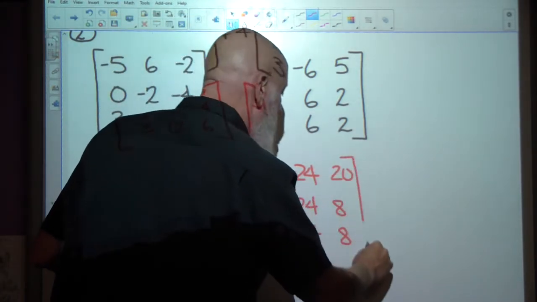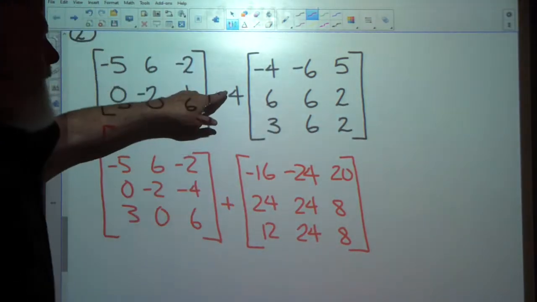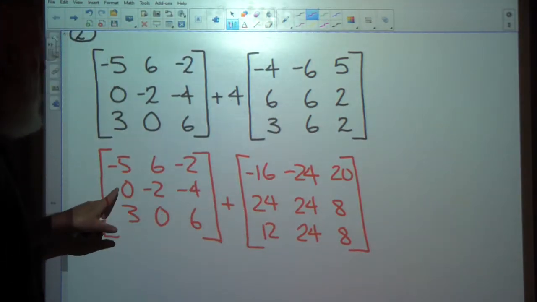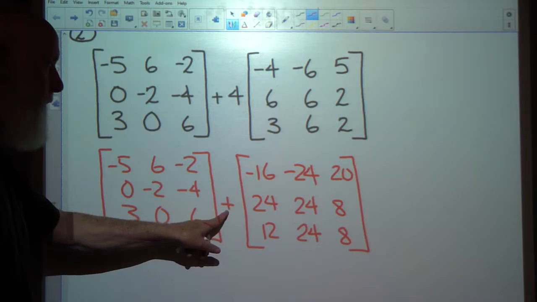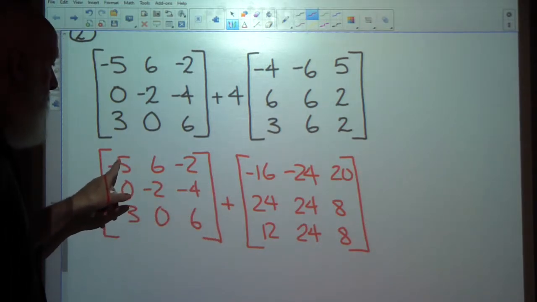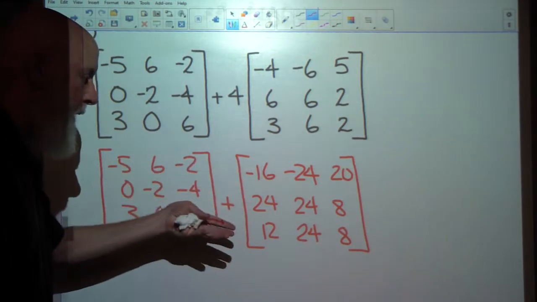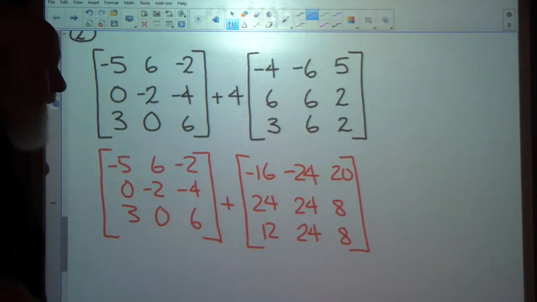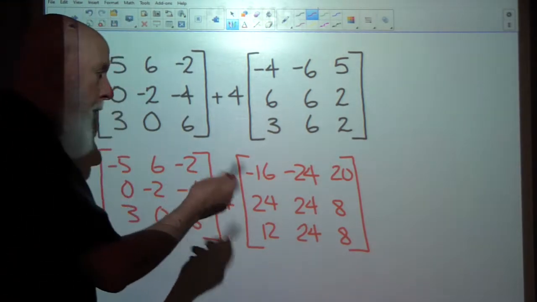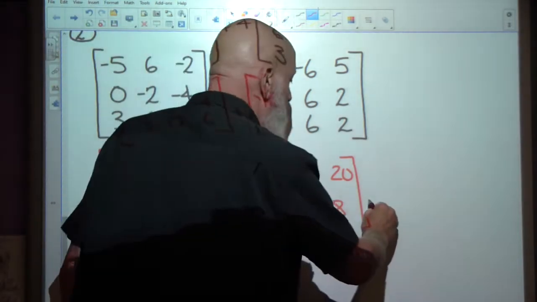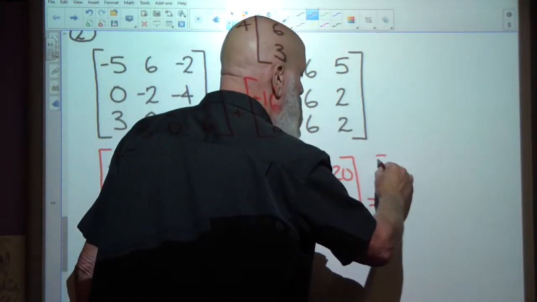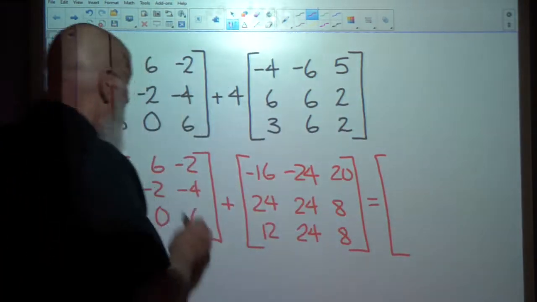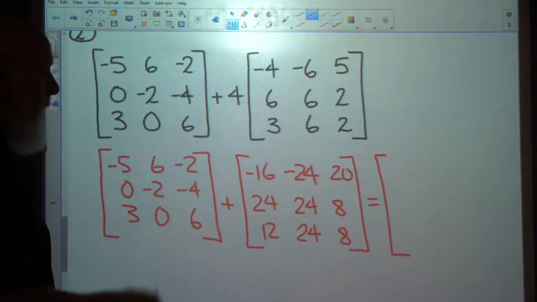So we have multiplied the second 3 by 3 matrix by a scalar, and now we're going to perform this operation. The operation is addition. If it was subtraction, we would go -5 minus -16. We have to watch out for double negatives and such, just like we did when we were adding and subtracting integers. That's essentially what we're doing here. So we add a 3 by 3 to a 3 by 3, we're going to wind up with a 3 by 3.